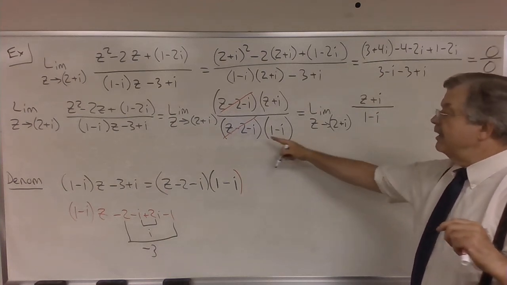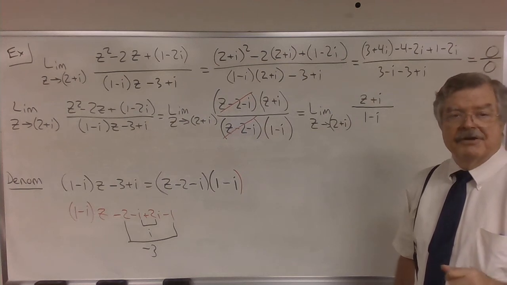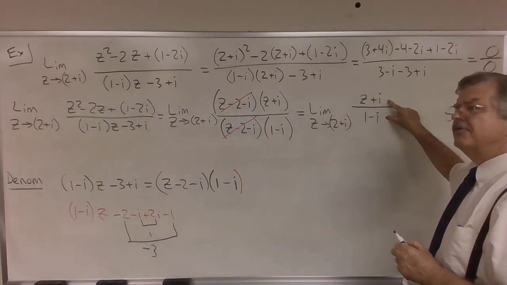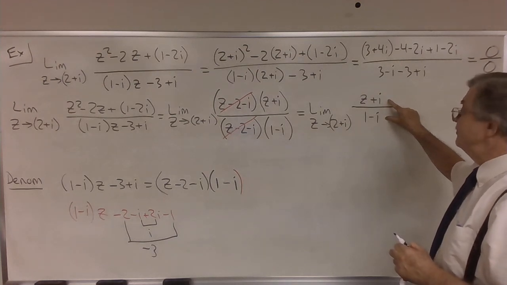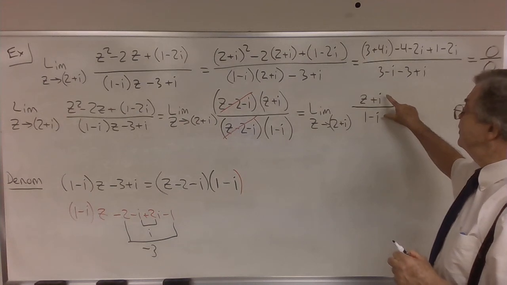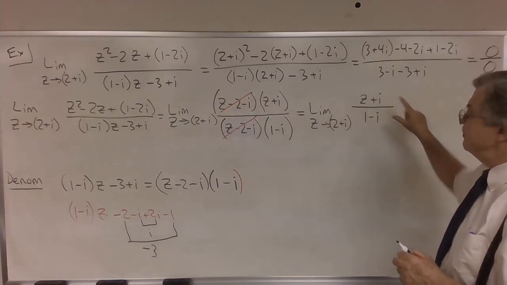We got rid of the troublemaker, that factor in top and bottom that causes zero division. We'll plug in again. It's the quotient of polynomials. And this time the denominator is definitely not going to be 0. So this is a continuous function. We can compute the limit by plugging in.